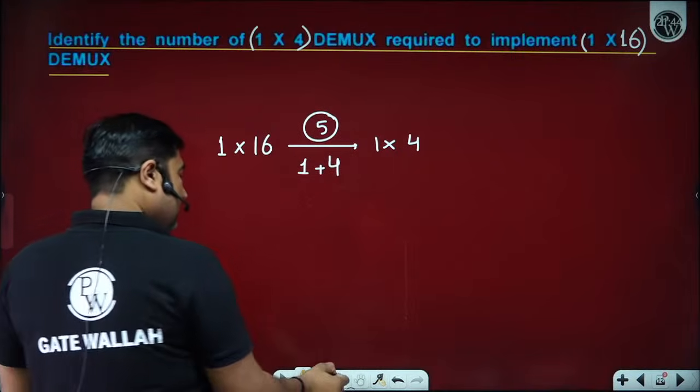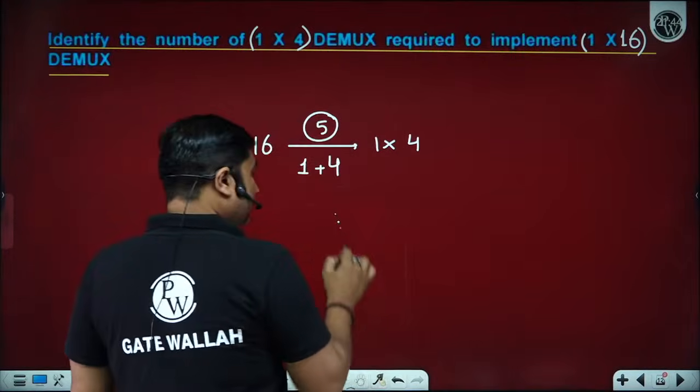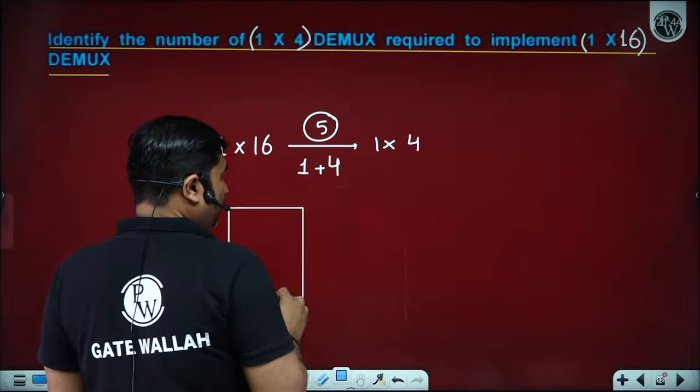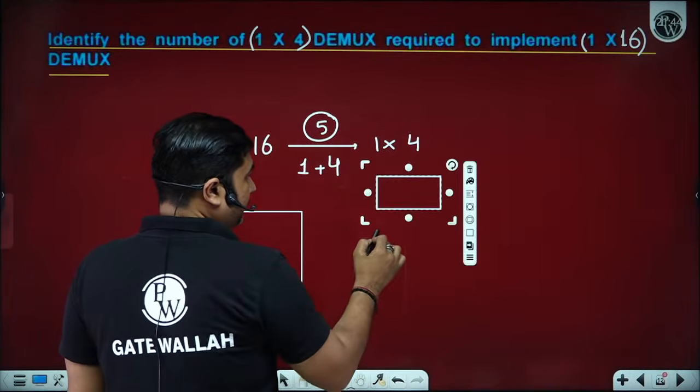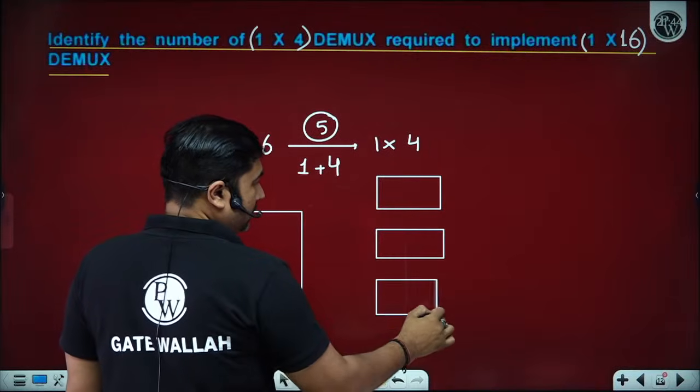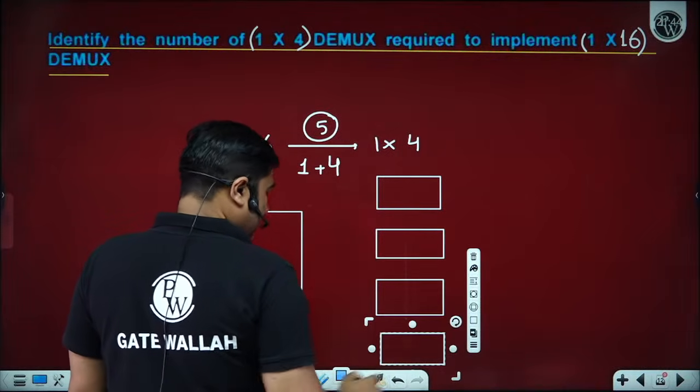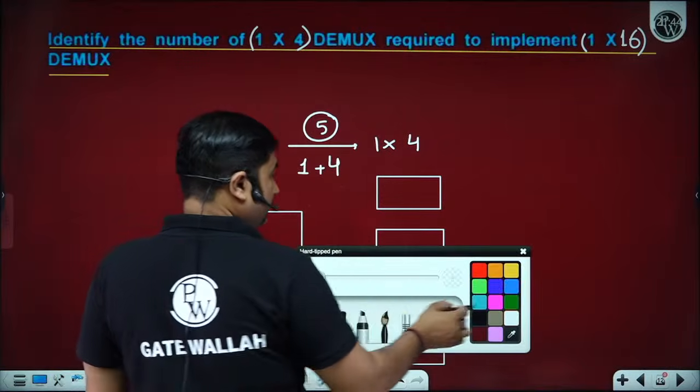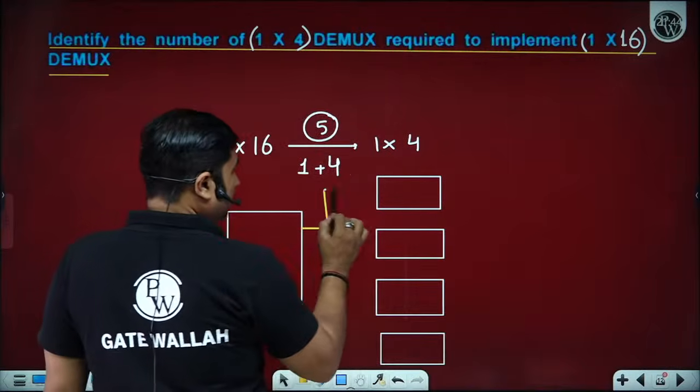And what is the implementation? So we need 1 and then we need 4. We need 1 and then 1, 2, 3, 4. Can you see the circuit?